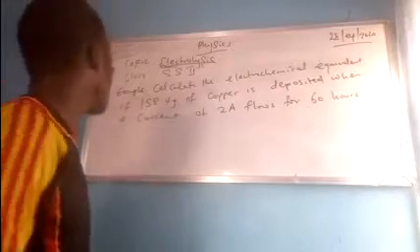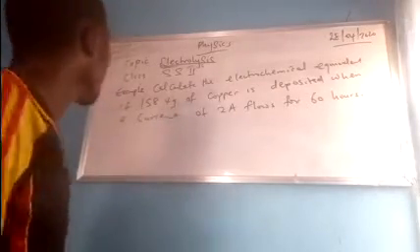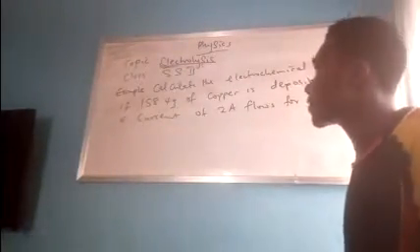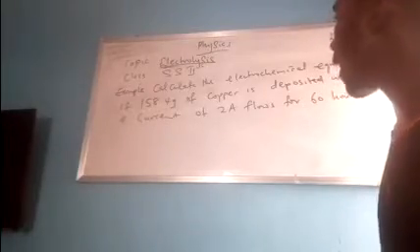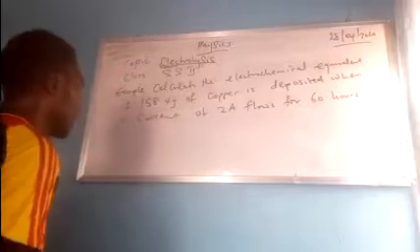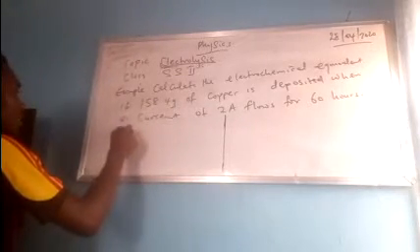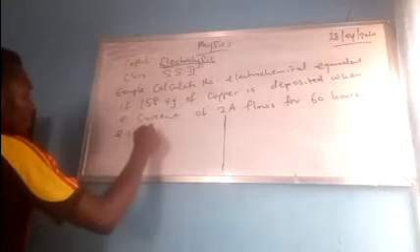Calculate the electrochemical equivalent, that's the ECE, if 158.4 gram of copper is deposited when a current of 2 ampere flows for 60 hours. Now we'll collect our data. We're going to have our ECE as unknown.